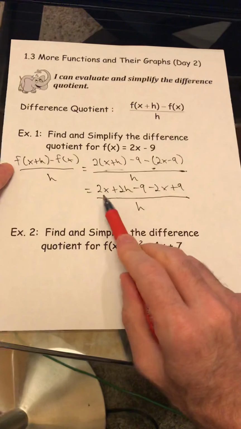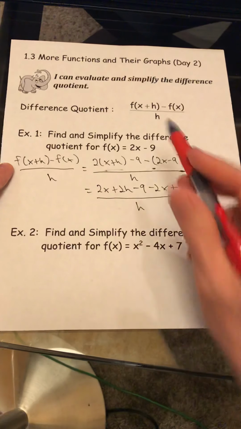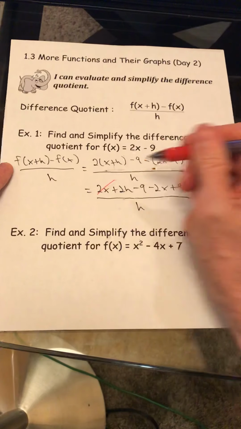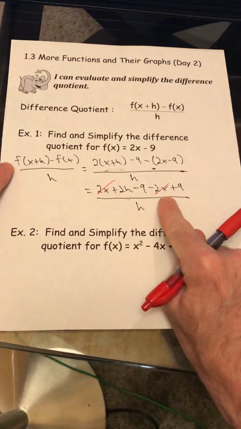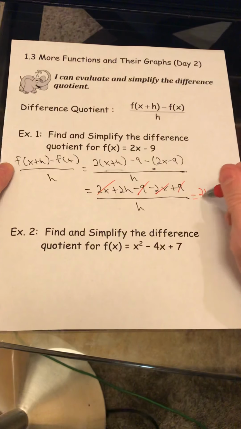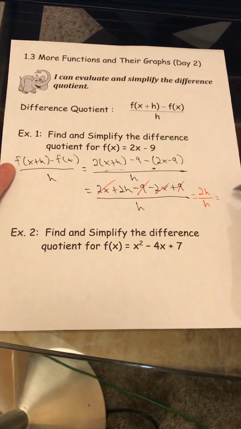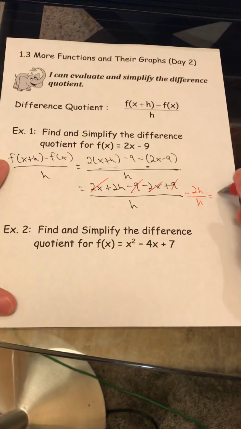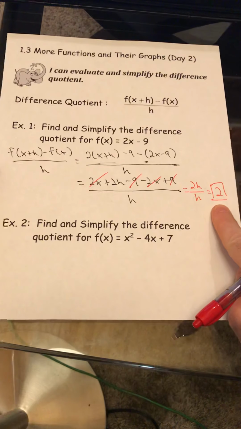Every term that does not have an h in the numerator should cancel. You can see the 2x's cancel, the 9's cancel, and that leaves us with 2h over h, which is 2. So again, there's a nice lead-in to the difference quotient.